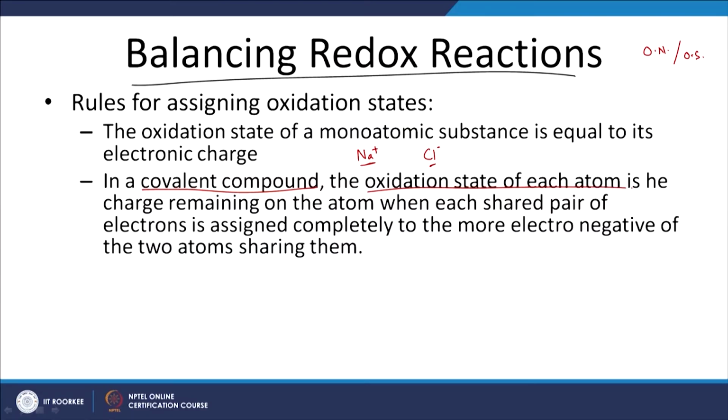The oxidation state of each atom is the charge remaining on the atom when each shared pair of electrons is assigned completely to the more electronegative of the two atoms sharing them.